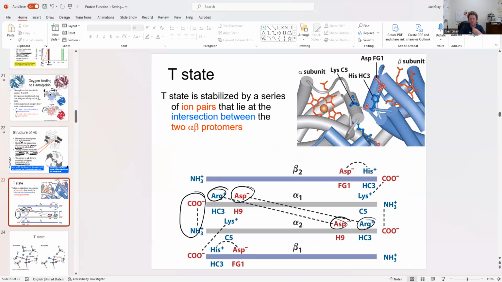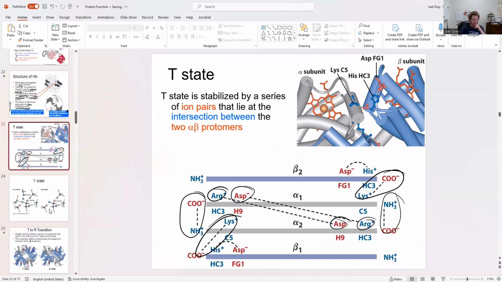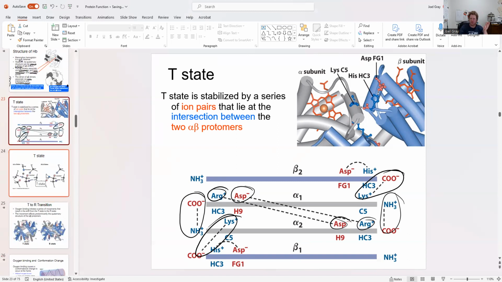The N termini and the C termini interact, C termini and lysine, lysine and C termini. That's detail I'm not too focused on you knowing, but this illustrates that we've got all these different R group interactions as well as N and C termini interactions that stabilize those ion pairs for the T state. I want you to know the T state is stabilized by ion pairs. The specific ion pairs, I don't want you to worry too much about.